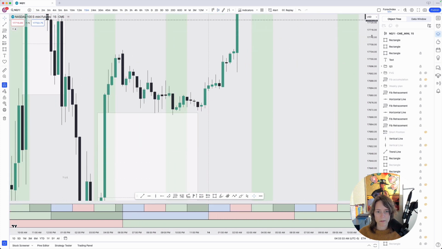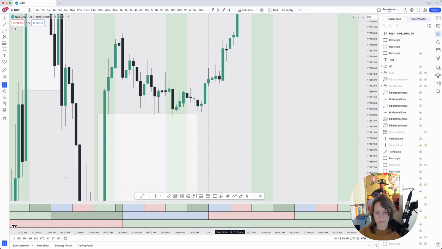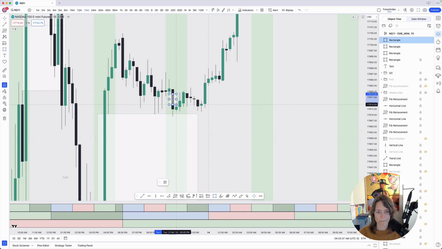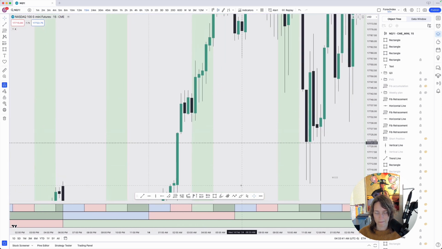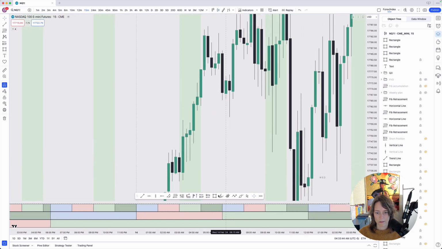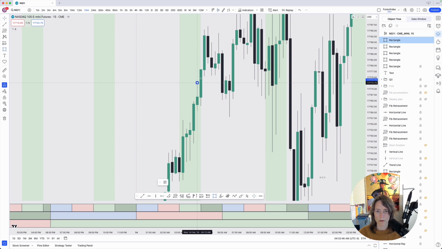This green box has a small one. This one has two, one over here and one over here.